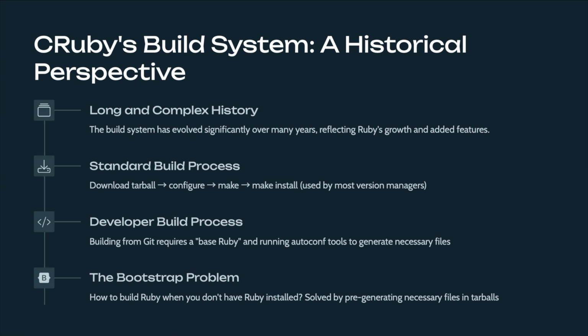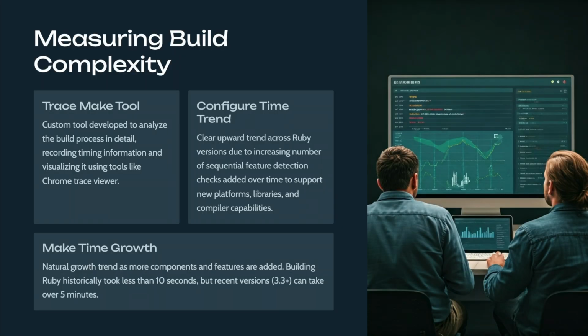Every time Ruby wants to support a new platform or use a new feature from some library it links against, or maybe take advantage of a modern compiler capability, a check has to be added to see if your specific system actually supports it. And critically, under the current AutoTool system, these checks run one after another, sequentially. Okay, I can see how that would add up over many releases if they keep adding checks.